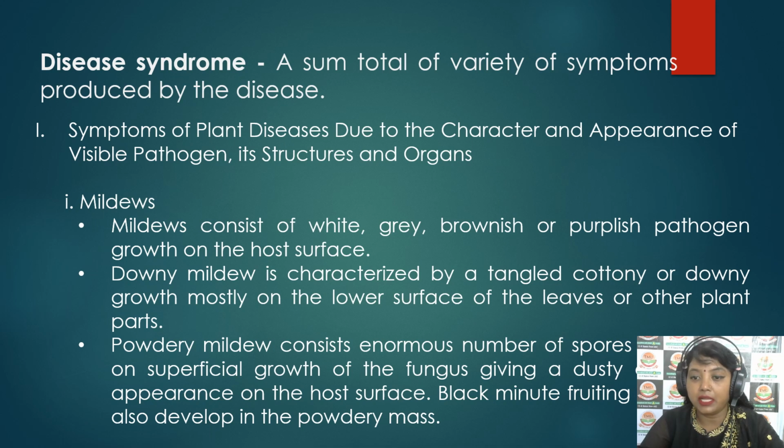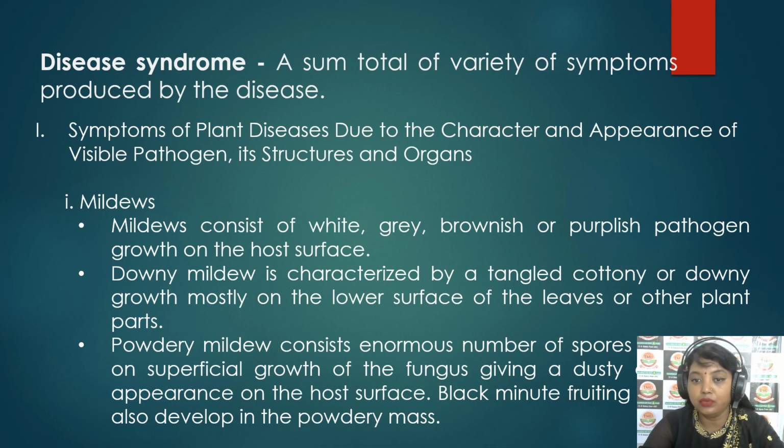Downy mildew is characterized by a tangled, cottony or downy growth mostly on the lower surface of the leaves or other plant parts. Powdery mildew consists of an enormous number of spores on the superficial growth of the fungus, giving it a dusty, powdery appearance on the host surface. So these are the two types of mildews.